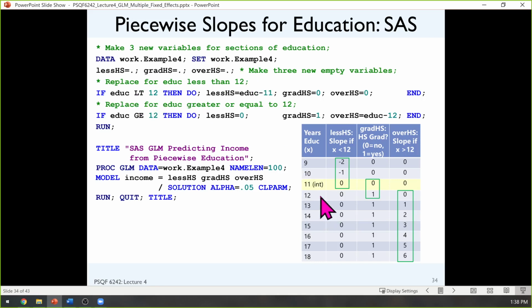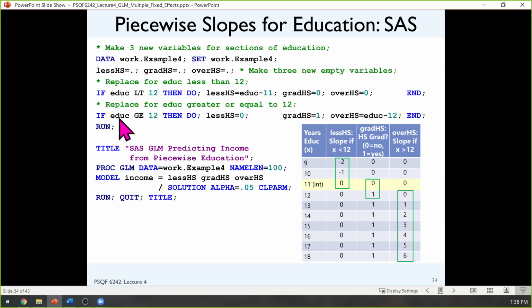So if I'm talking about cases that have less than 12 years of education, then I want to make this first column as education minus 11. The second column gets zeros, and the third column gets zeros. So this first line of if education less than 12 is filling out the first 3 rows of this table.